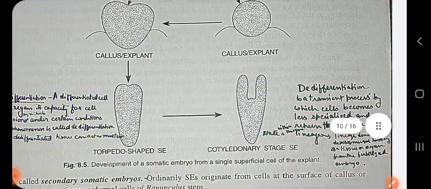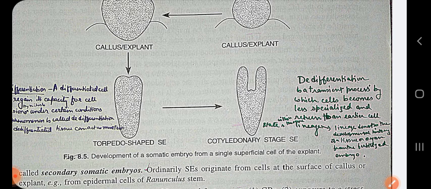In figure 8.5, the radicular end, which will make the root, is oriented towards the center of the cell mass.